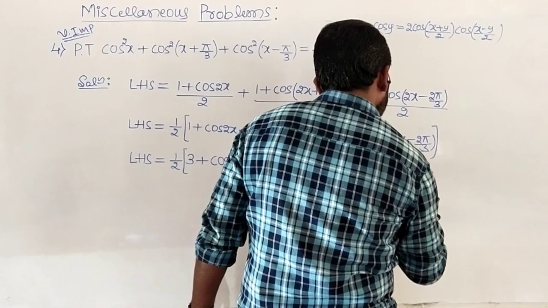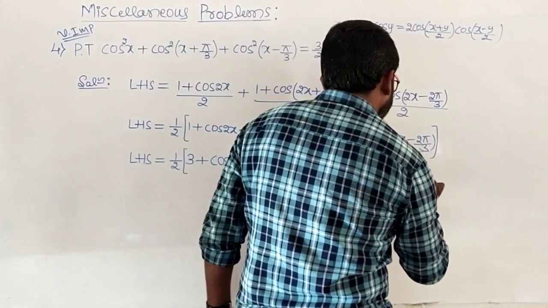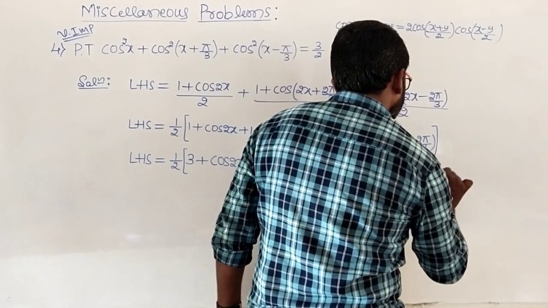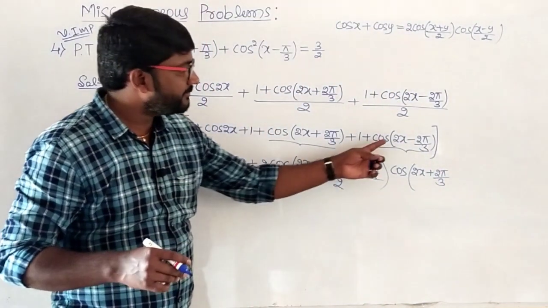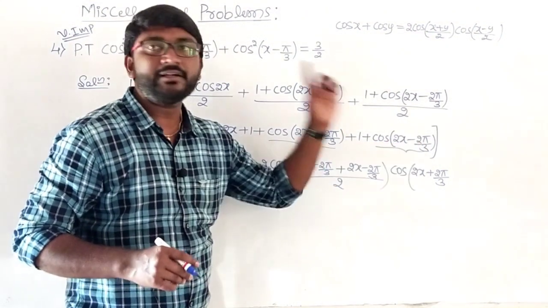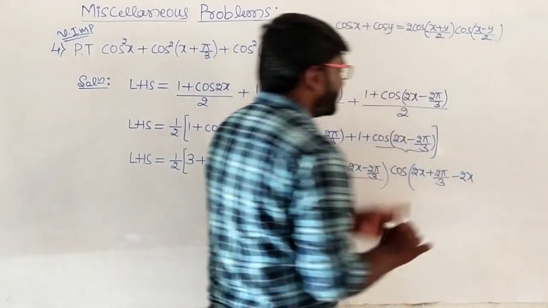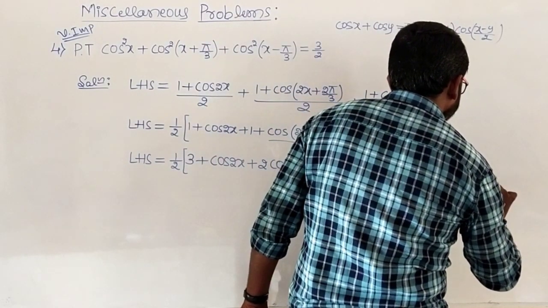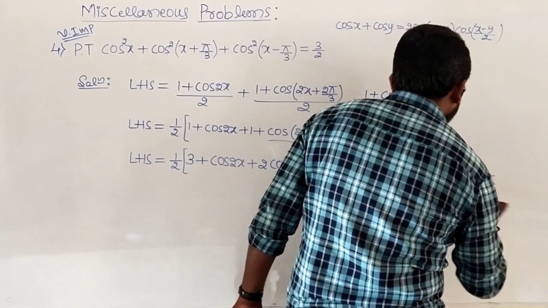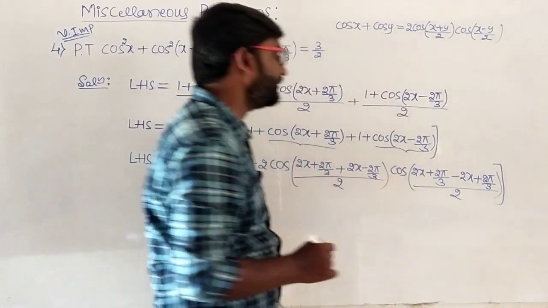This is x now, 2x plus 2 pi by 3, then minus y. Minus will be related to the first term as well as the second term. So we get minus 2x, then minus into minus becomes plus 2 pi by 3, then whole divided by 2. Close the bracket and close the main square bracket.